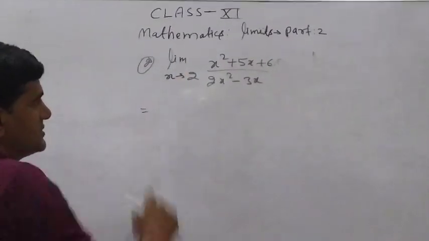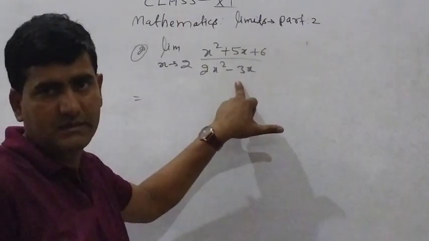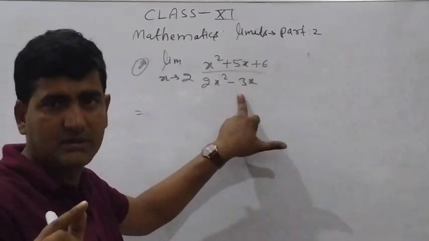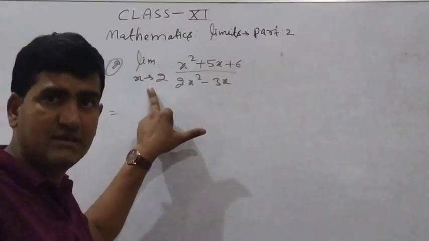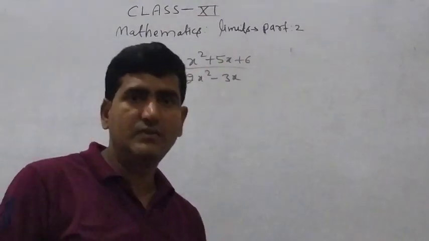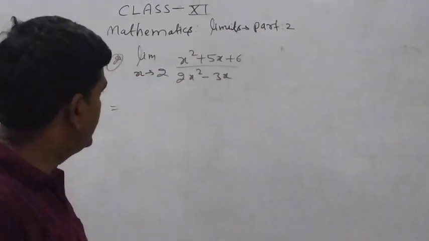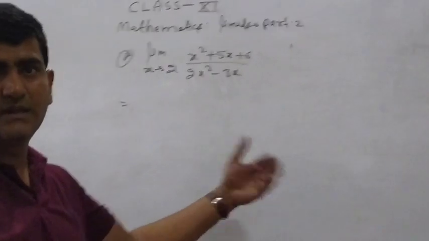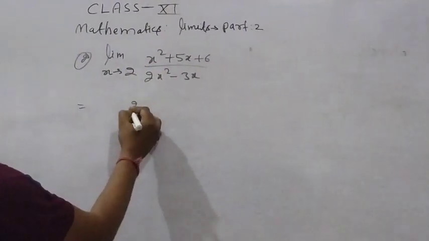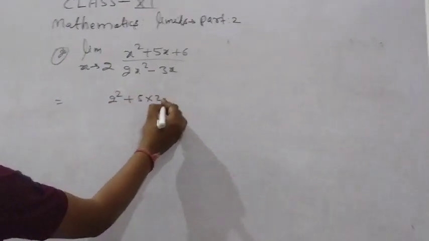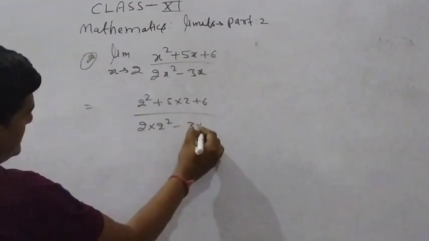Here limit x tends to 2, x square plus 5x plus 6 whole upon 2x square minus 3. First of all, we will put the value. Direct substitution, x tends to 2 means x is equal to 2. If the answer comes in 0 by 0 form or infinite by infinite form, meaning indeterminate form, then we can use other rules, other formulas, other methods. Then we put here 2 square plus 5 into 2 plus 6 upon 2 into 2 square minus 3 into 2.